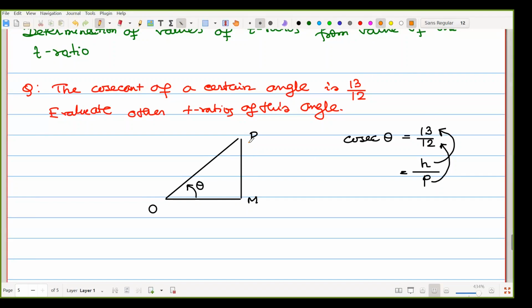So we may write that is our perpendicular, so we may write it as 12 and we may write the hypotenuse as 13. Now use the Pythagoras theorem.